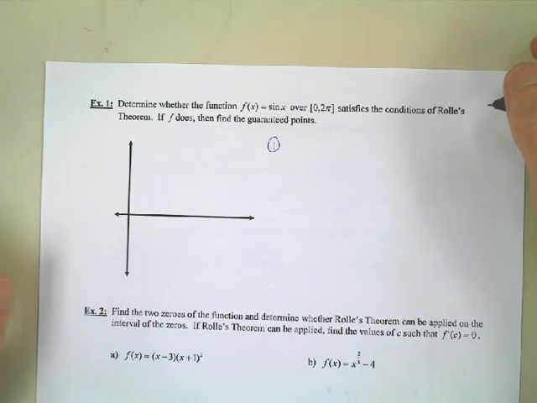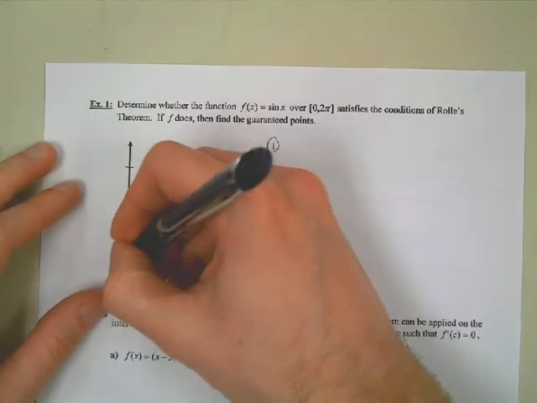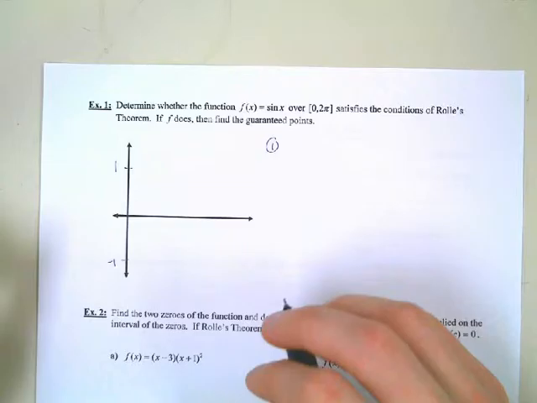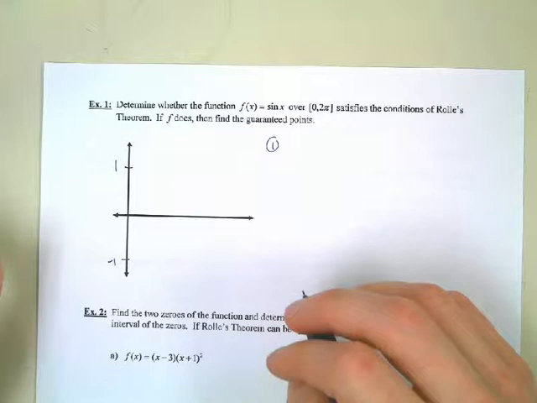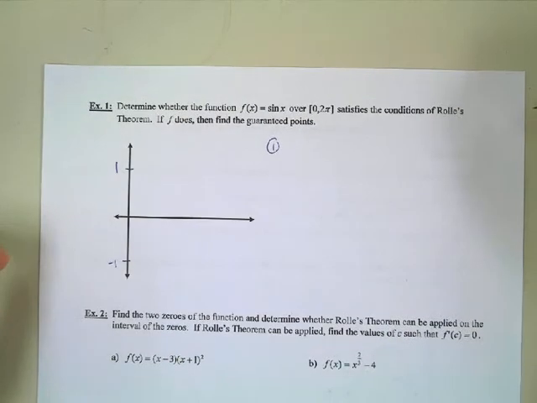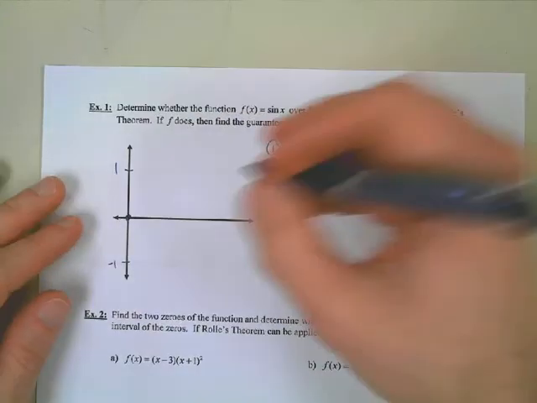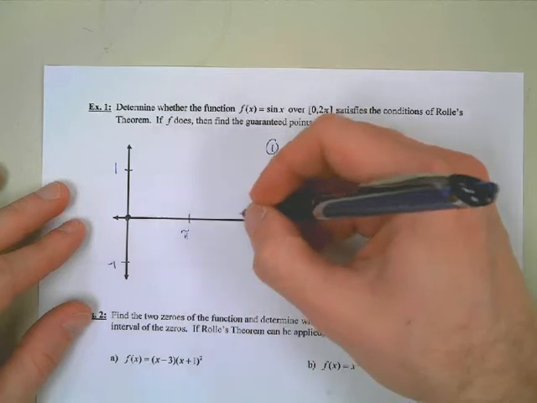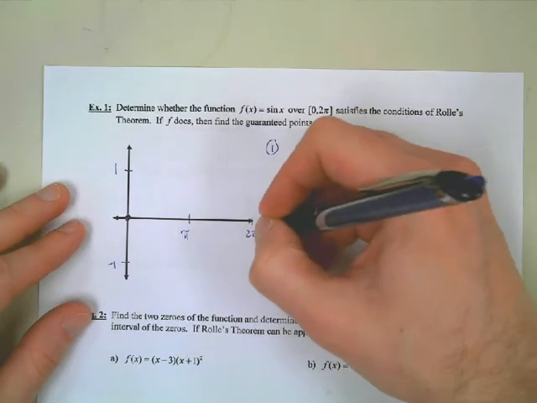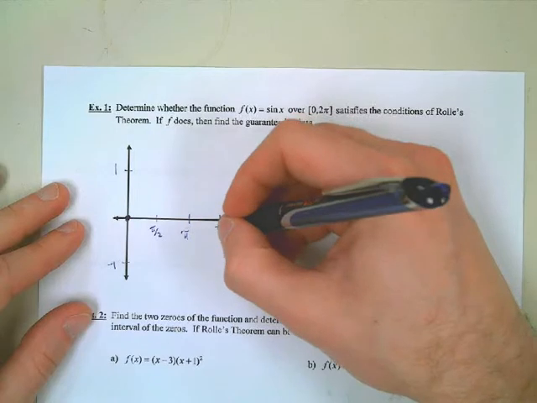Actually, first thing, let's graph this. We're going to graph it from 0 to 2 pi, so we'll start at 0. Sine of 0 is 0, that's right. And we'll go out to pi, and then out to 2 pi. Then we do our halfway points, pi over 2 and 3 pi over 2, to get the really good points in there.